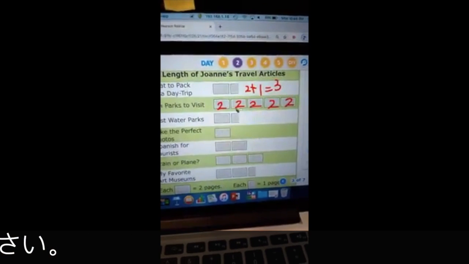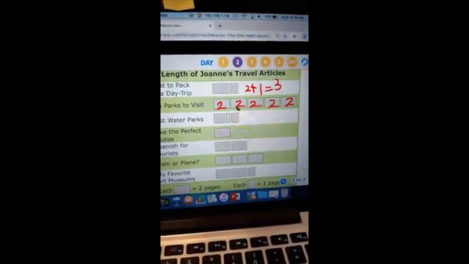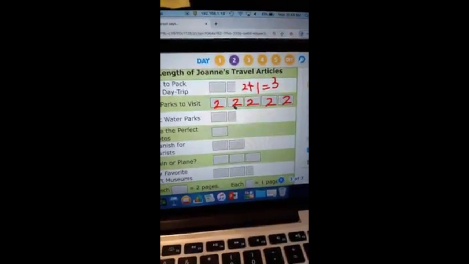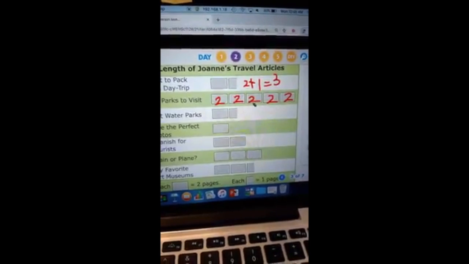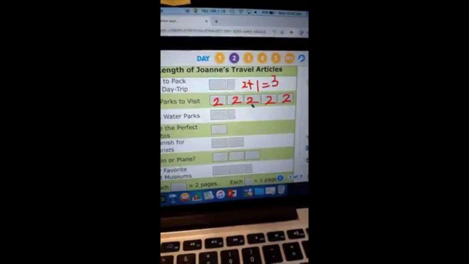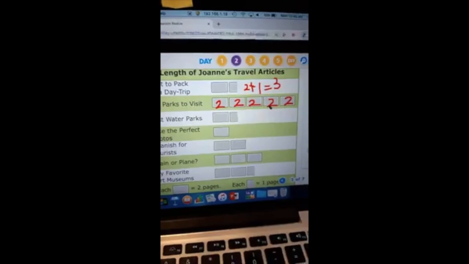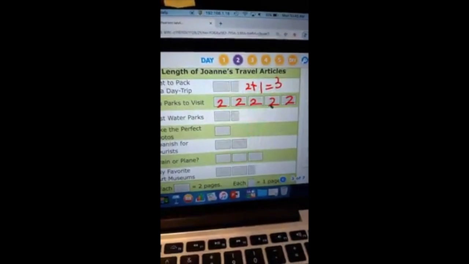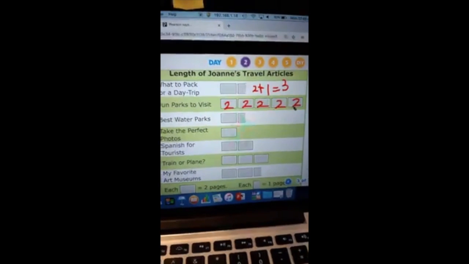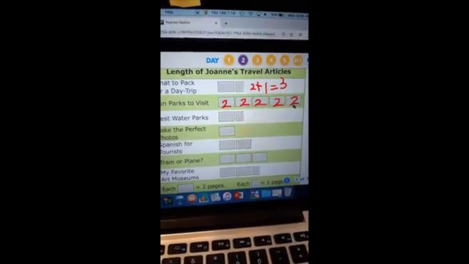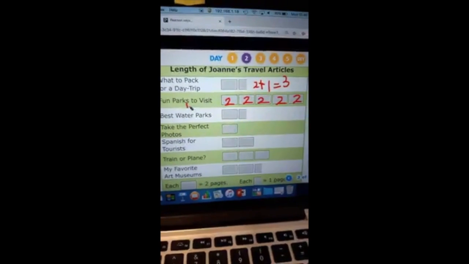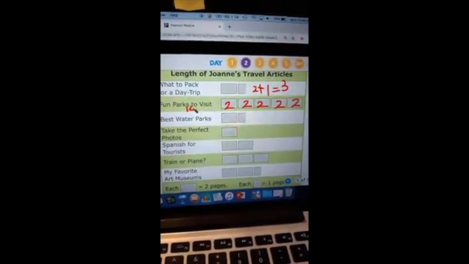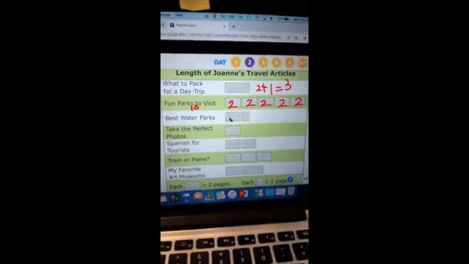Good job. So 2 plus 2 equals 4. 4 plus 2 equals 6. 6 plus 2 equals 8. 8 plus 2 equals 10. So this totals 10. So I'm just going to write that here just so I can see that it's 10.